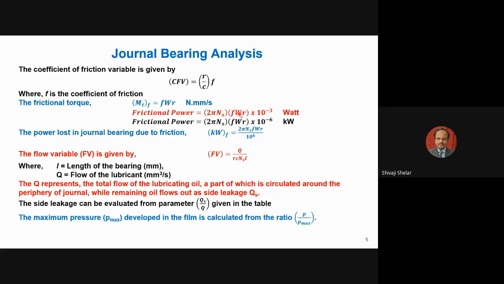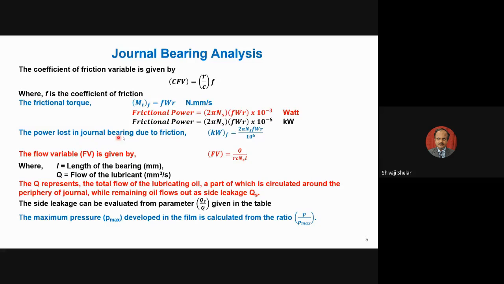Now since this value is in Newton millimeter, I want to use meter here. So I am multiplying by 10 raised to minus 3. So you will get the frictional power in watt. Sometimes this frictional power will be large, so you have to convert into kilowatt. So again, dividing by 10 raised to 3 will become 10 raised to minus 6.